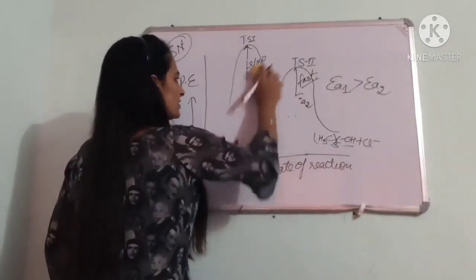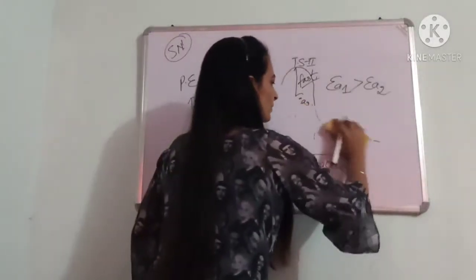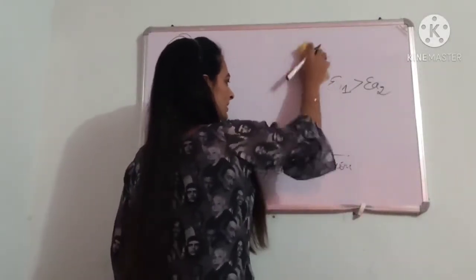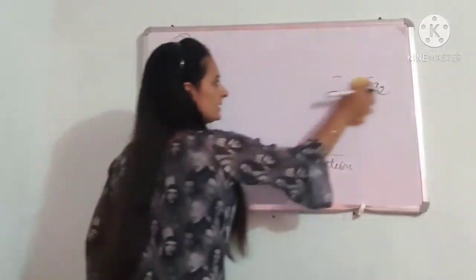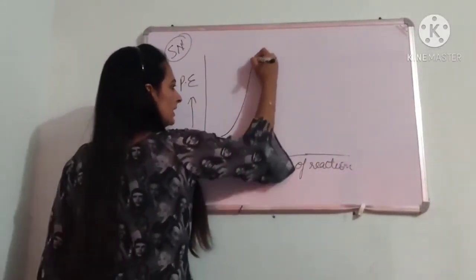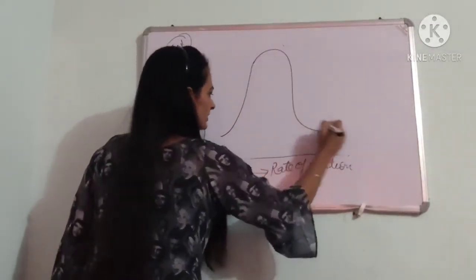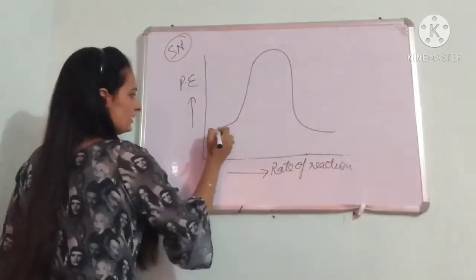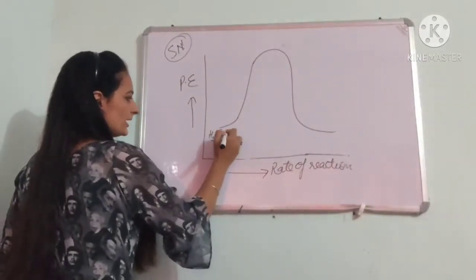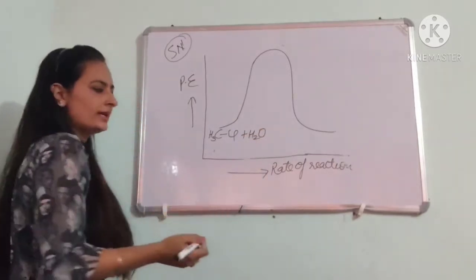The SN2 reaction, as you all know, is a single-step reaction which involves the formation of a transition state, and in the transition state the nucleophile is attaching to the alkyl halide. So I am just drawing here. Here we are going to draw the alkyl halide plus water or any nucleophile which you are taking.